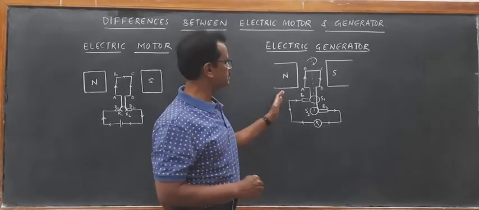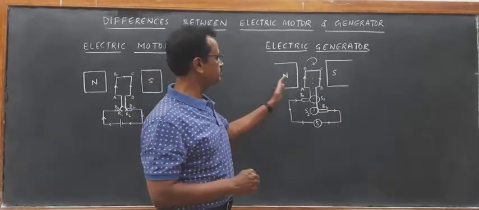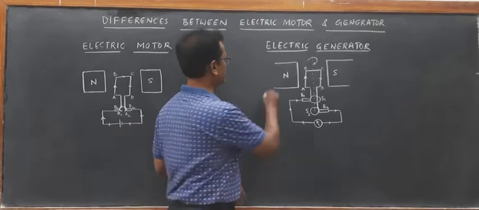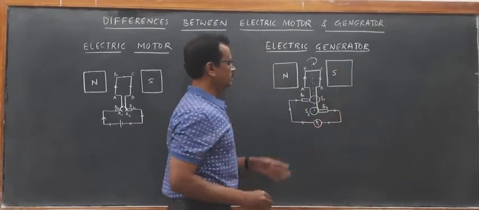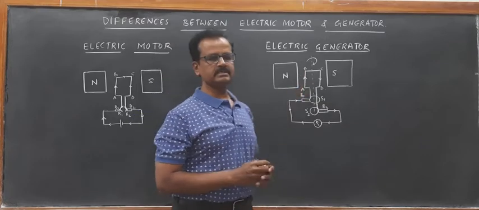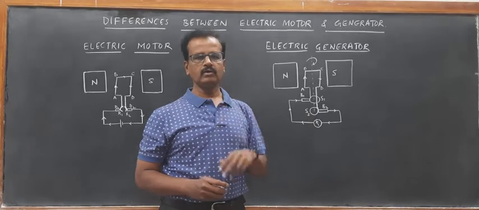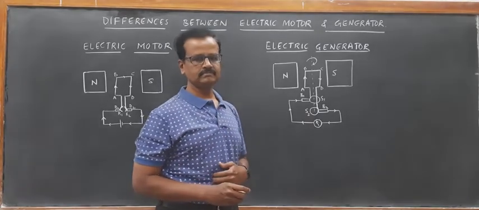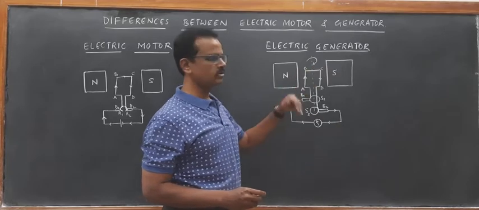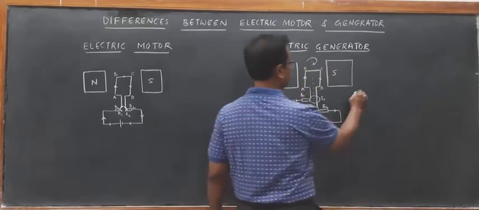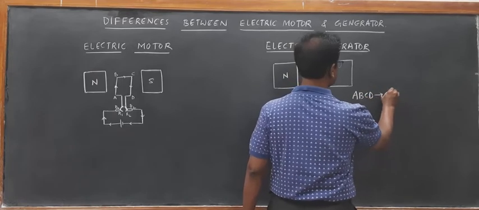This is the simple structure of an electric generator consisting of two strong pole pieces, north and south, and ABCD is the coil. For our understanding, we have taken a coil of single turn. This ABCD coil is also called the armature.